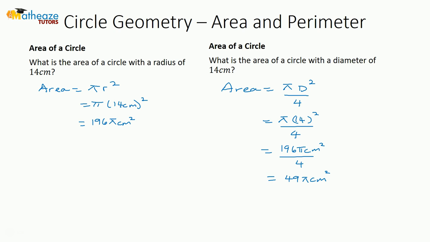And so what we're going to do here is, because area is pi r squared and r is diameter over 2, so we're going to say area is pi r squared, which is pi, then to get the radius we have to divide the diameter by 2 and square that, which is going to give us pi times 7 squared centimeters squared, which is 49 pi centimeters squared.